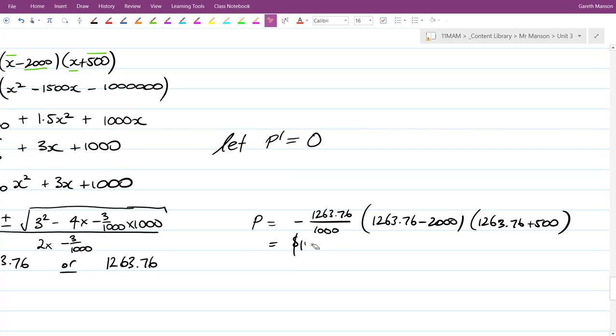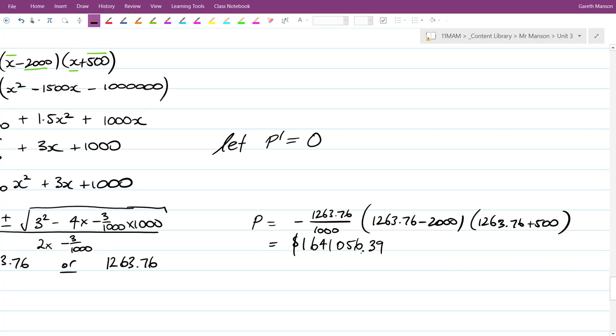Yep. Okay, do you have 2 decimal points? Okay, it's a money thing, so 2 decimal points for a money thing.